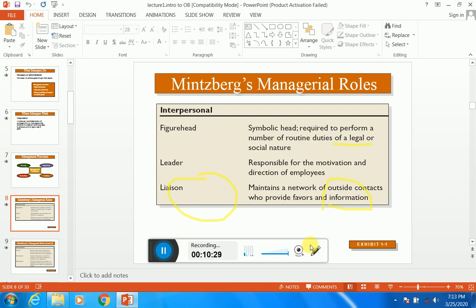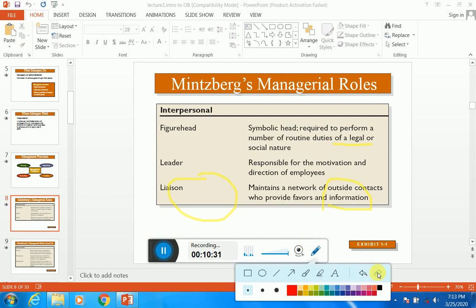In this slide we have another topic, Mintzberg's managerial roles. Mintzberg is the name of the person who introduced this theory. In the 1960s, Mintzberg was a student of MIT.